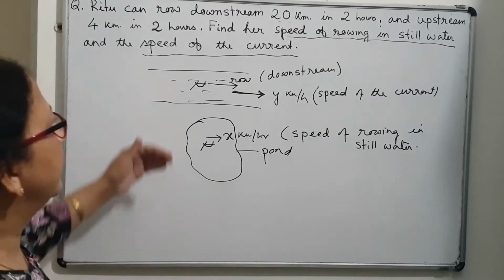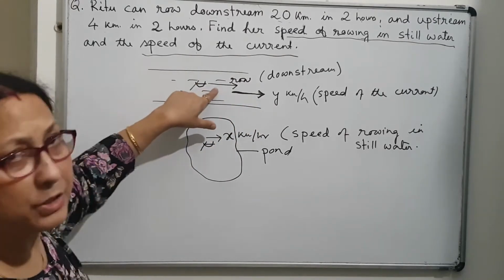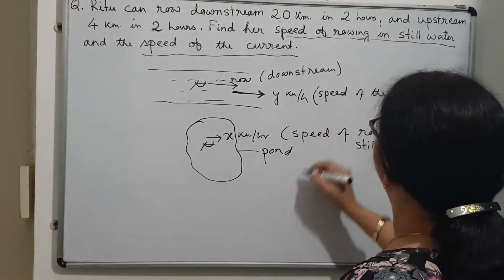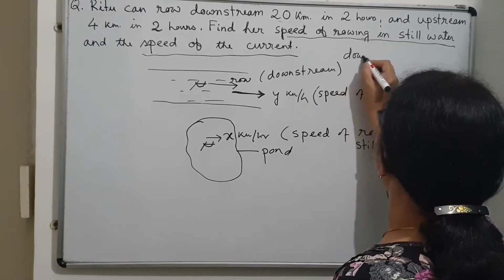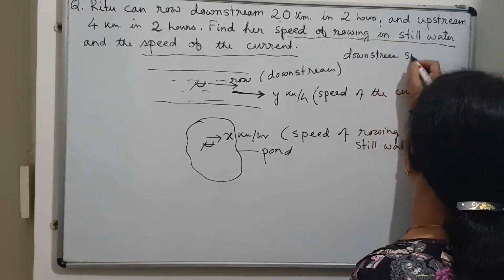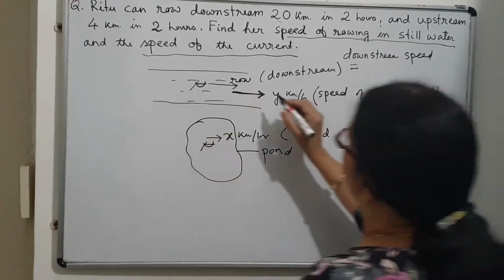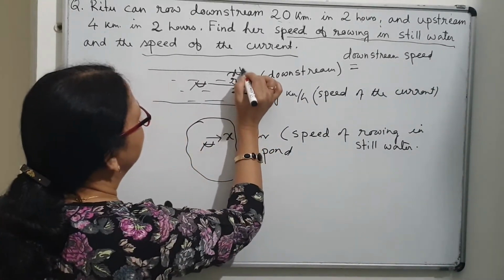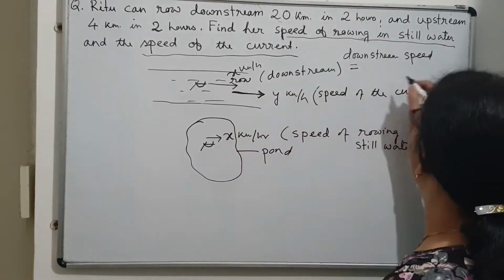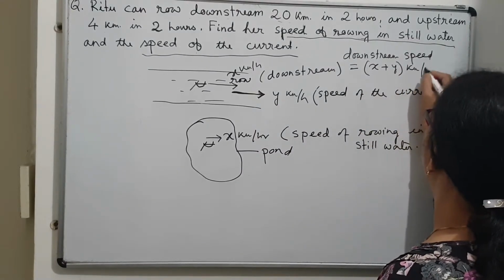And obviously the speed of the current will increase the speed of rowing, so the downstream speed will become the sum, because he was rowing in standstill with a speed of x km per hour. So these two, x and y, will be added. So x plus y km per hour.